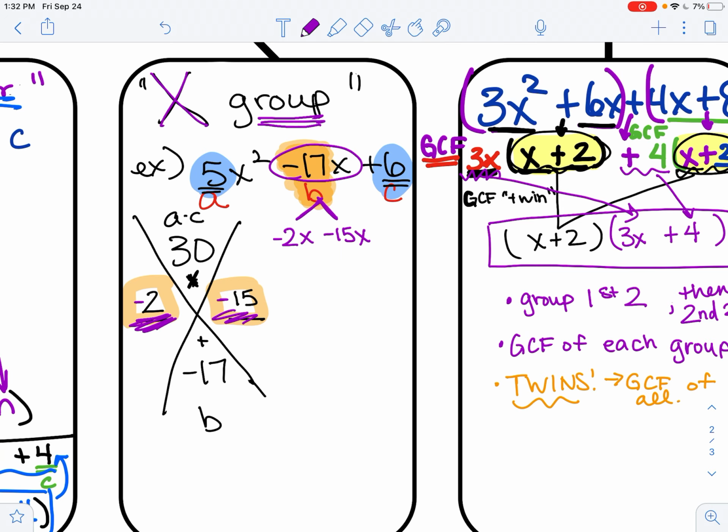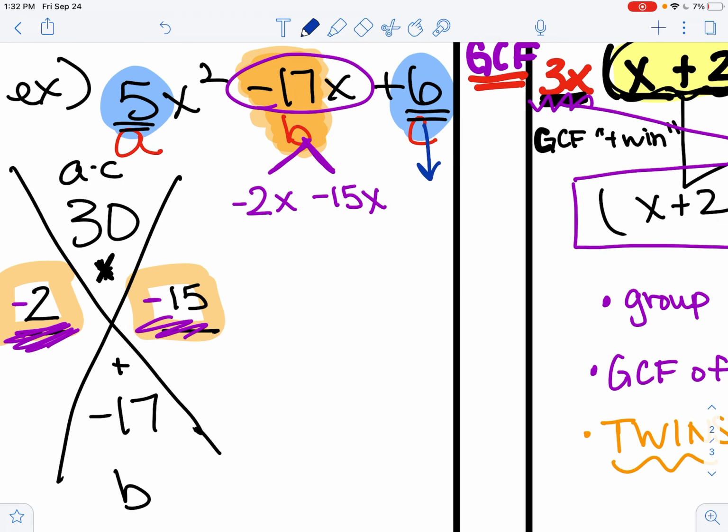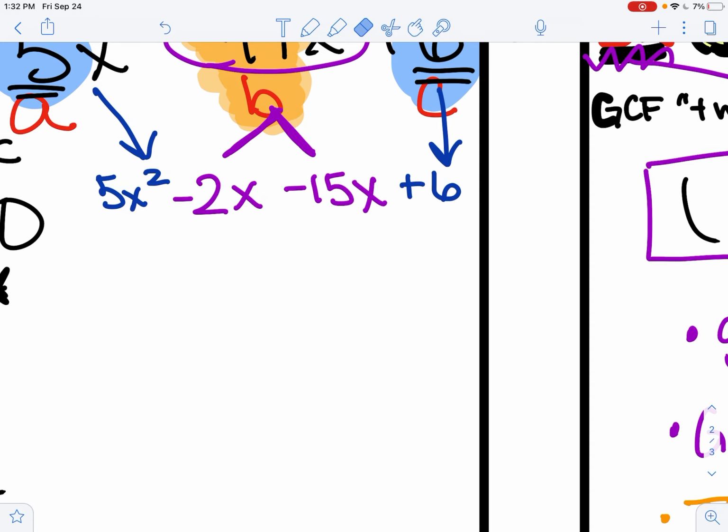Aren't those equivalent? Then we're going to just bring down the c value, which is plus 6, and the ax squared, which was 5x squared. You don't have to erase it, but I'm going to erase mine just to clean this up a little bit so you can see.